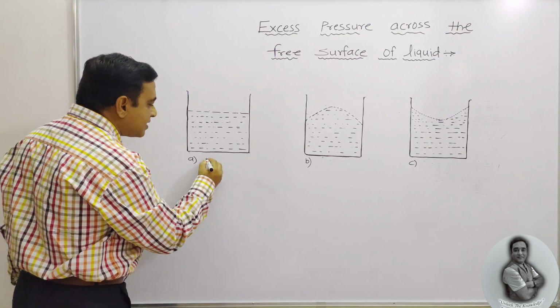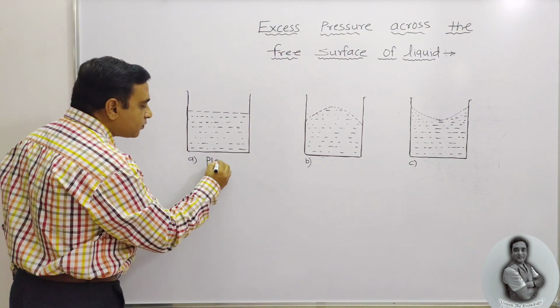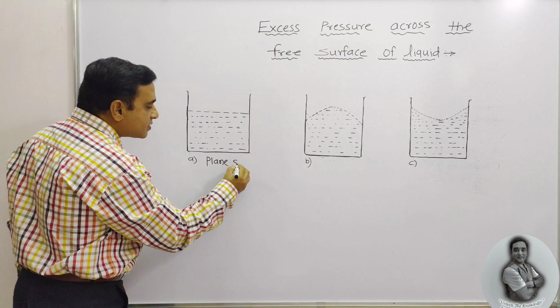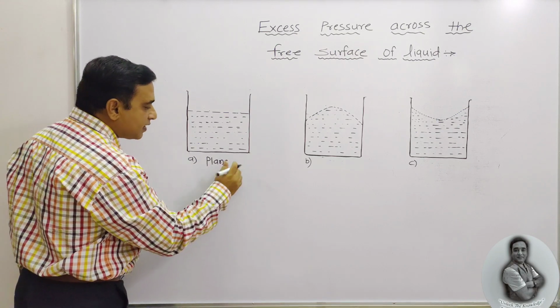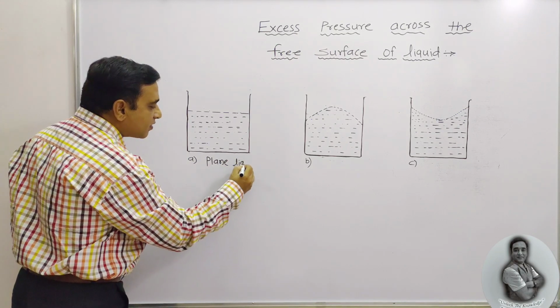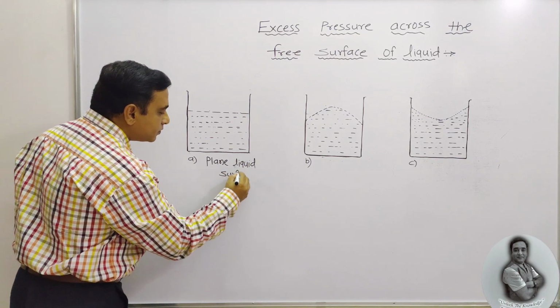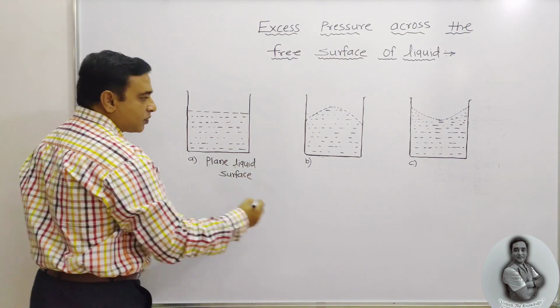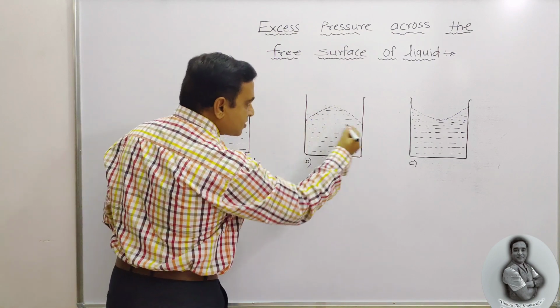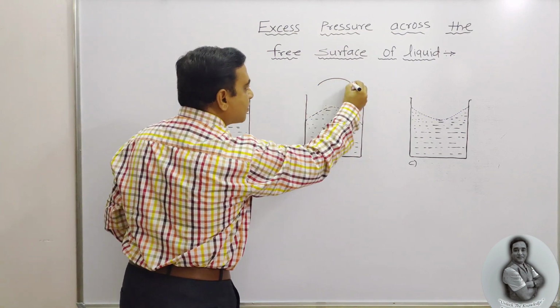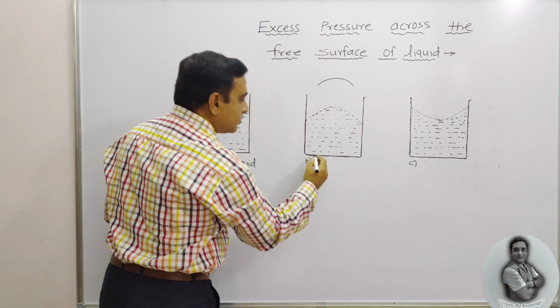Number one, that is the plane liquid surface. B, the convex liquid surface, convex from the upside.